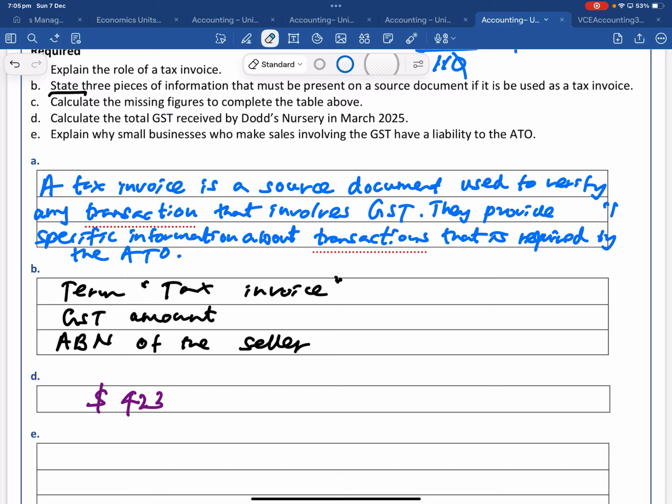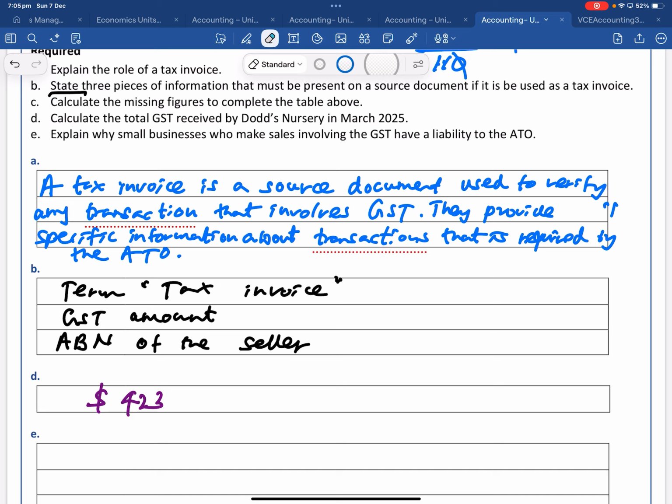When we collect GST, we can't use that. You owe if you pay more GST than you receive. The opposite: we collect more GST than we pay.